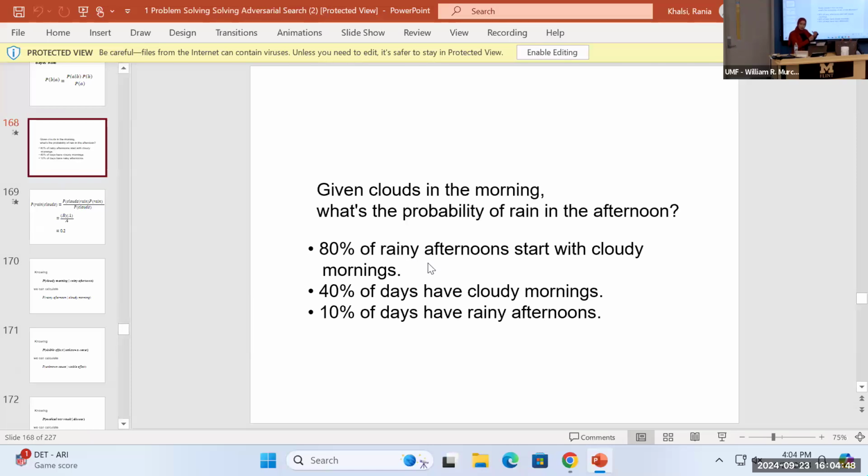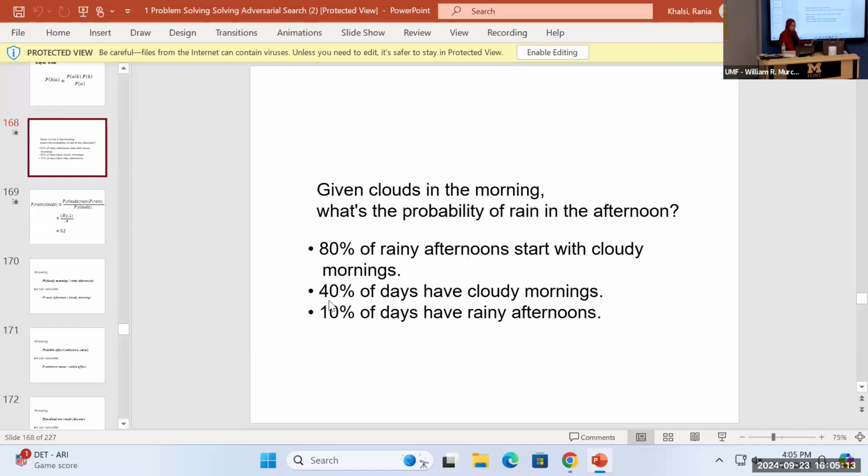So I have data about what happened in the past 1 year, 2 years, or whatever, but the conclusion is that in 80% of the cases when there is a rainy afternoon, the morning started cloudy.